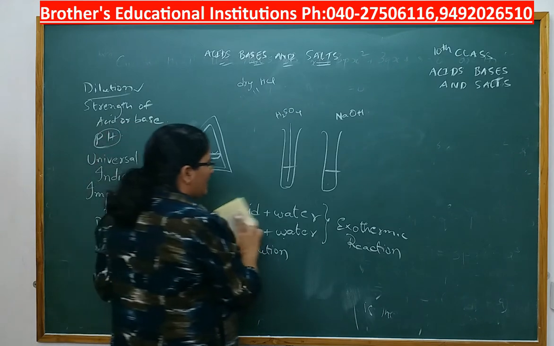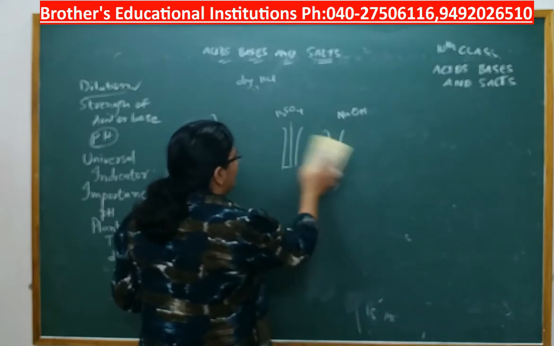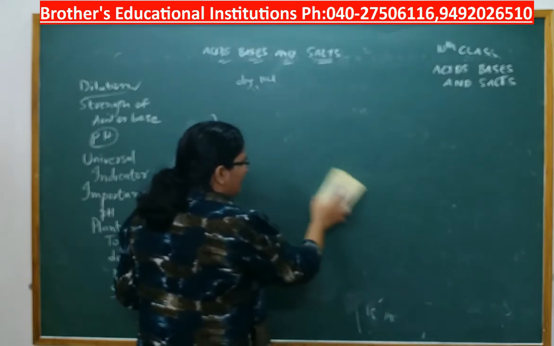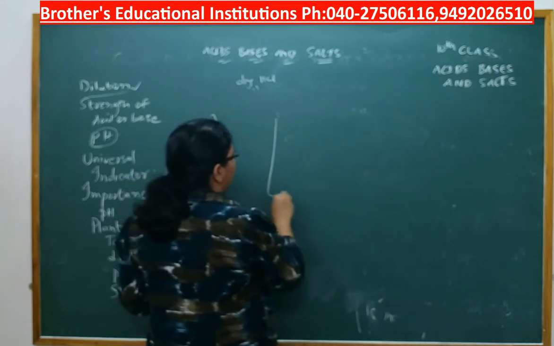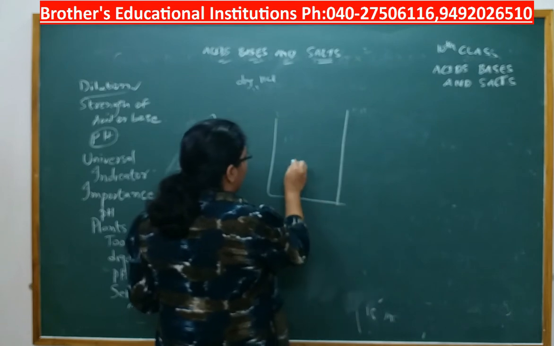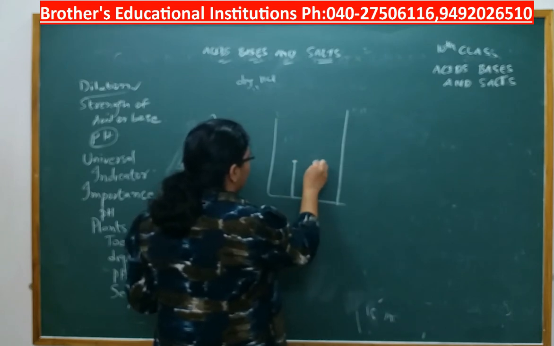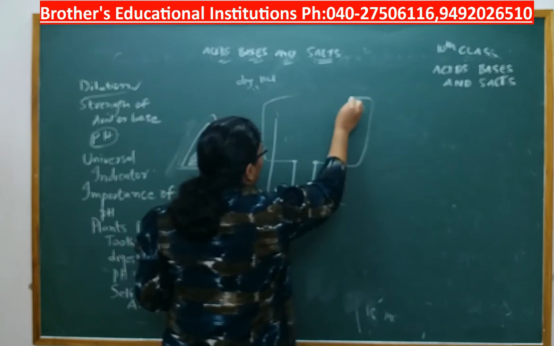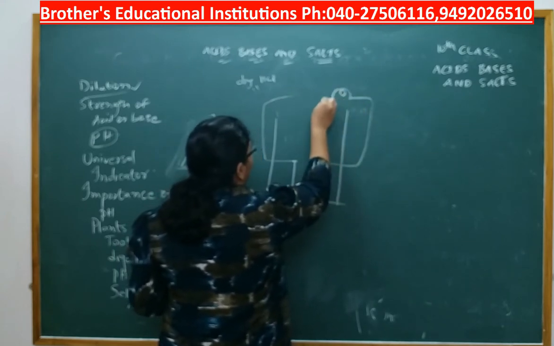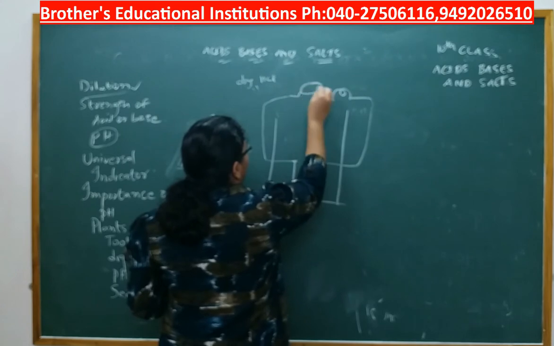Now I want you to take two different acids and two different bases. We have seen in activity 7 that we take a beaker, two graphite rods, two colored wires, and we are introducing an AC plug.